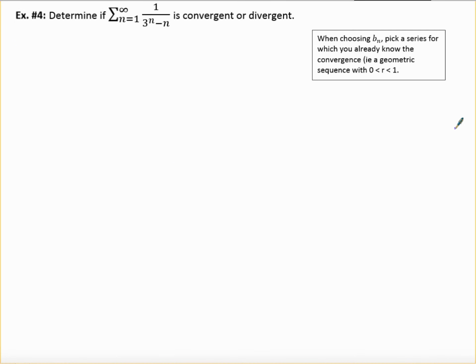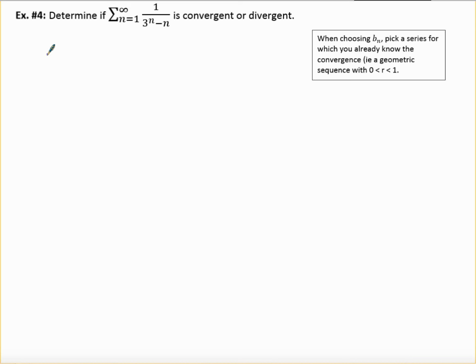All right, so let's have you guys try this one. Go ahead and pause it and see if you can follow along with example number 3 and use that to help guide you through problem number 4. Then I'm going to work through it, okay? Like I said, the toughest part of the whole problem is picking the sequence that you're going to compare it with.